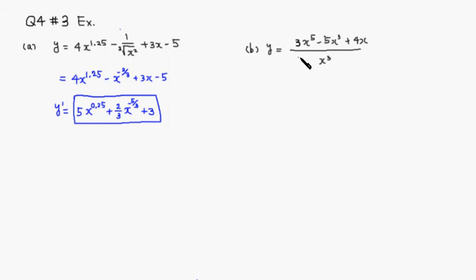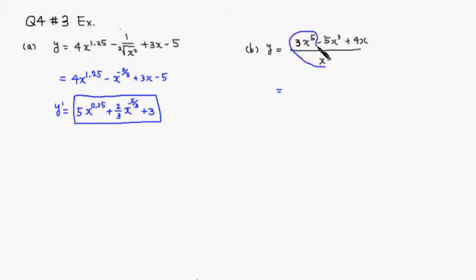Part B is a rational function. Before we take the derivative, just like part A, we're going to simplify a little bit. So we're going to split this fraction into 3 parts.